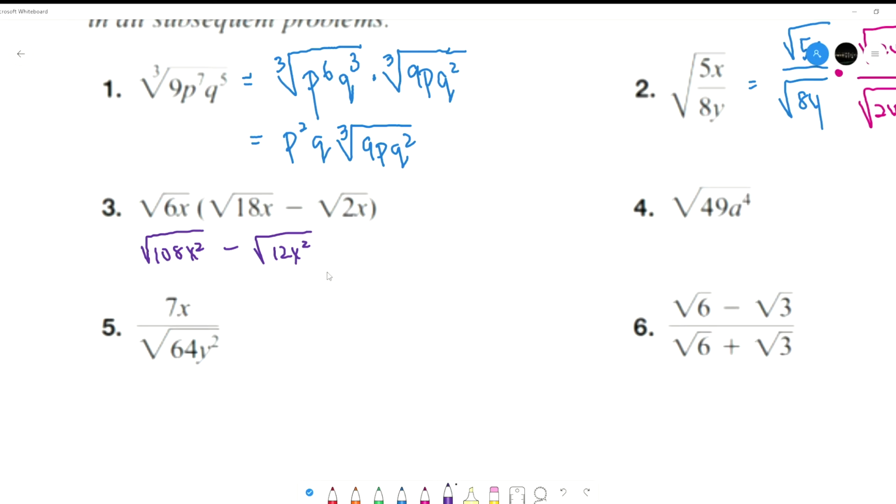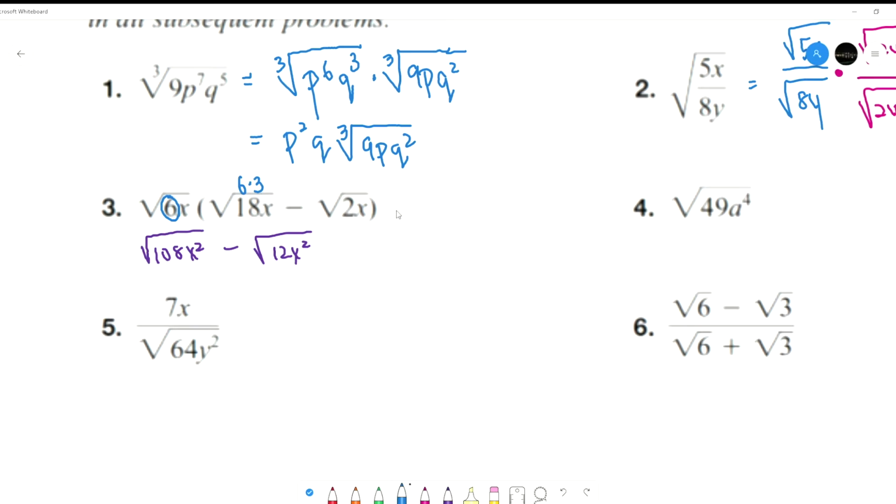I don't like doing it this way because when you do 6 times 18, it's such a large number, right? So instead, this is what I'd rather do. Because there is a 6 in the radicand, I see that the 18 is actually 6 times 3, right? So this is a little bit easier in my opinion.